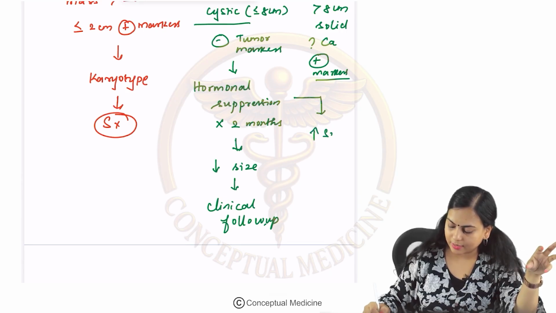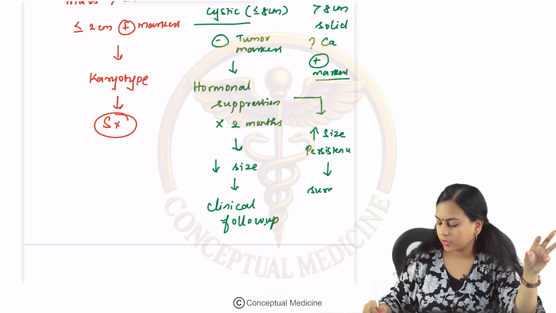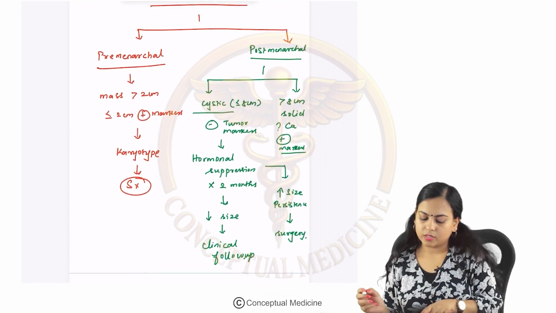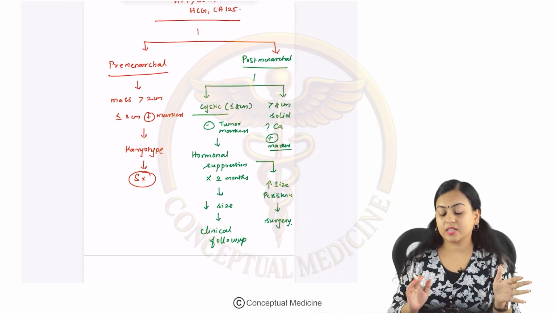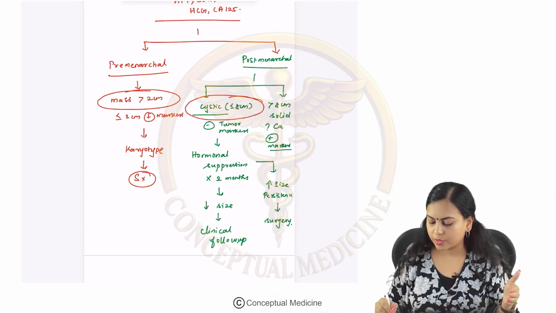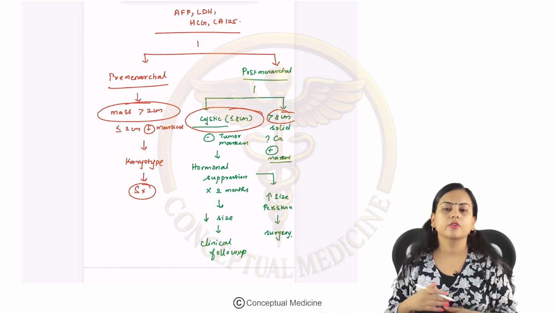If the size increases or there is persistence, then you can go for surgery. Clear? So this is to know the cutoff, especially the size of the mass for premenarchal and postmenarchal females, and what tumor markers you can give.